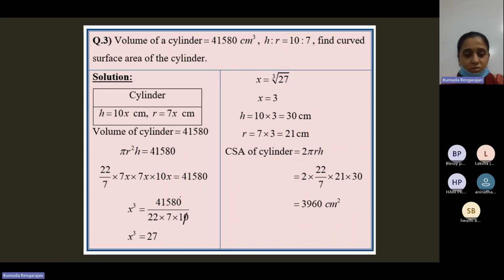Before that, you can cancel the 0 and 0. So after simplifying, we get x cube is 27. Everything is cancelled and x cube is 27.